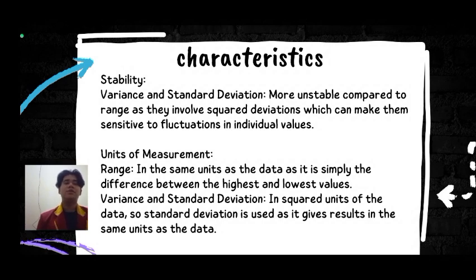Range is in the same unit as the data, as it is simply the difference between the highest and lowest values. Variance and standard deviation: variance is in squared units of the data, so standard deviation is used as it gives a result in the same unit as the data.